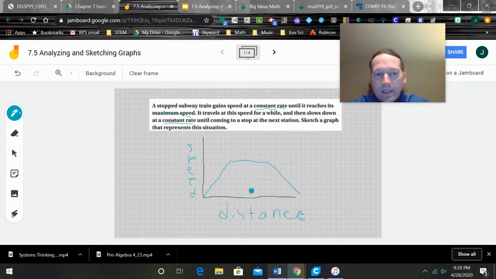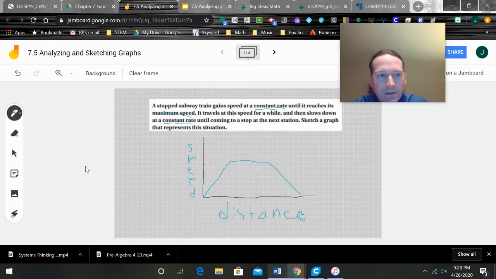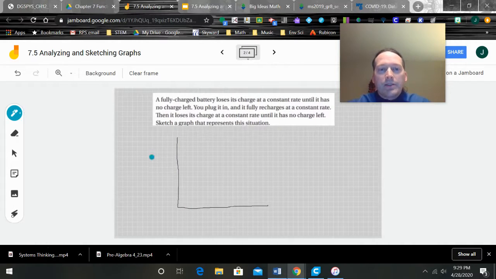Let me extend this line a little bit. Okay. So it increased at a constant rate of speed, hit its maximum speed for a bit, and then slowed down at a constant rate of speed. So constant was linear, and then no change there.